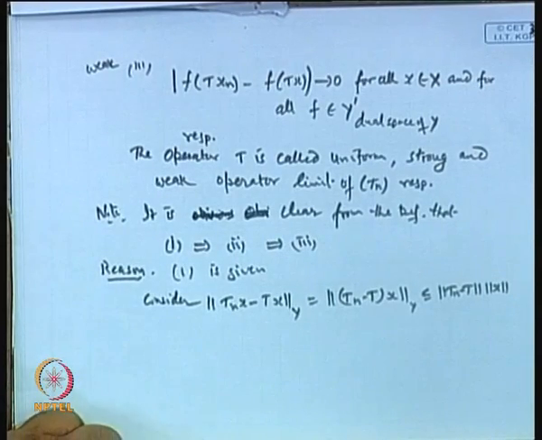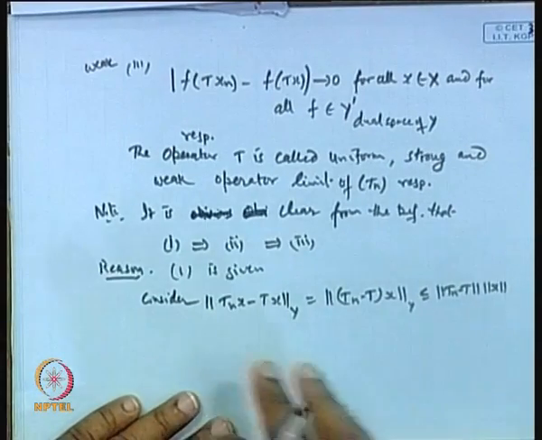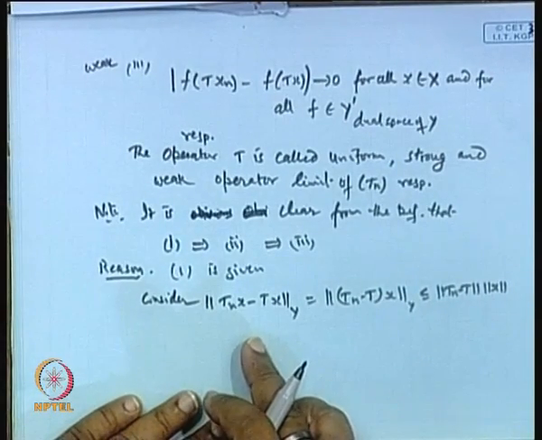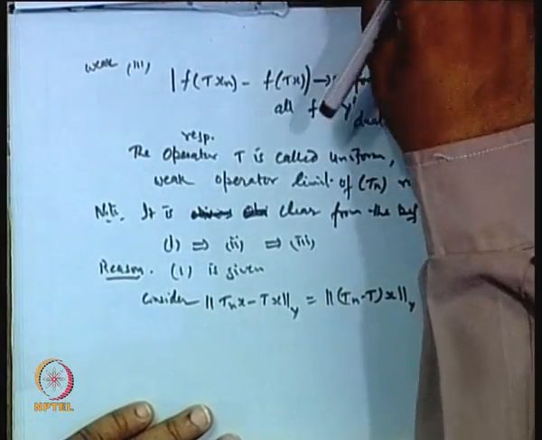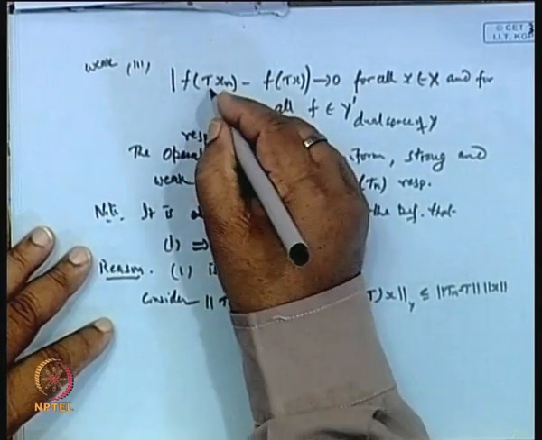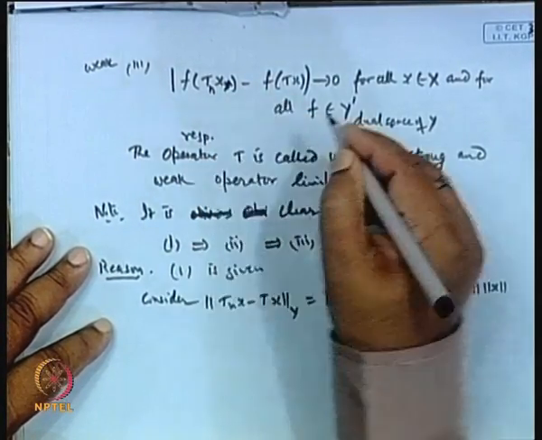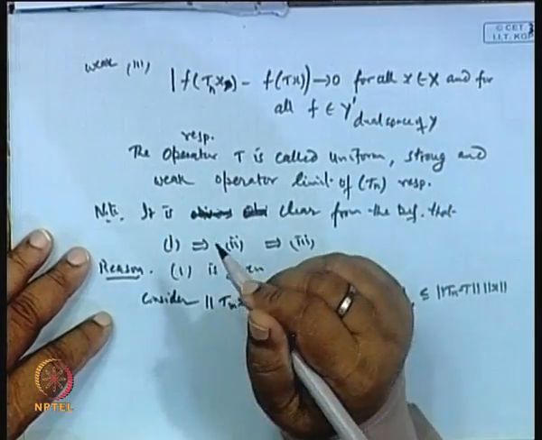Now, one thing I point out here is that I think this is wrong which I did, this is f of T_n x minus f of T x. Please make the correction, is it not?